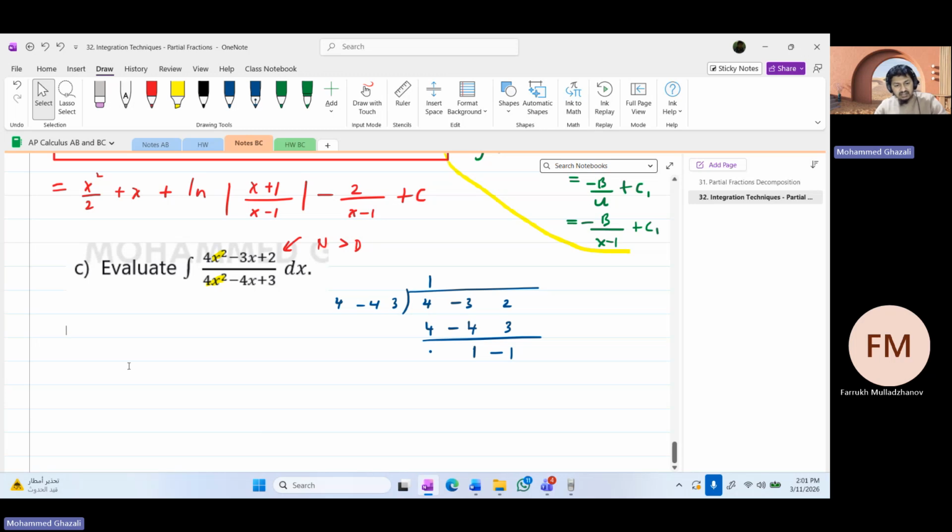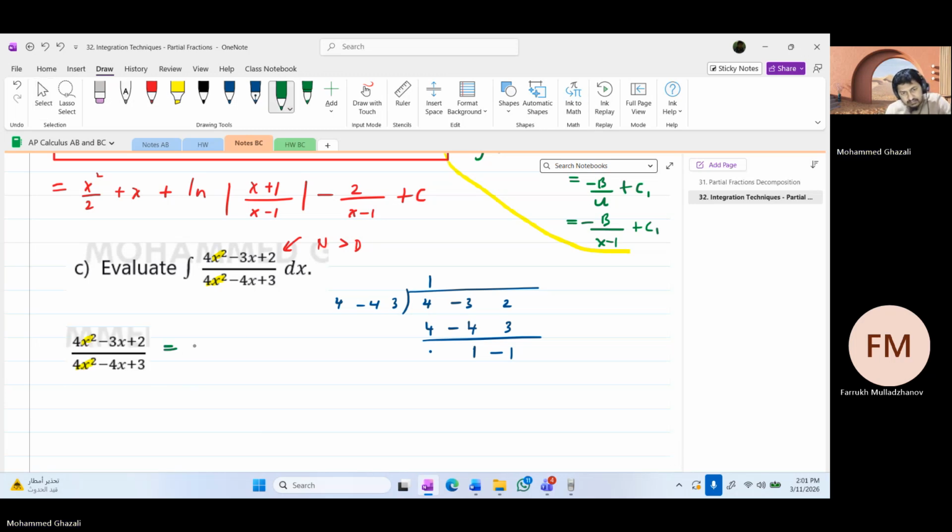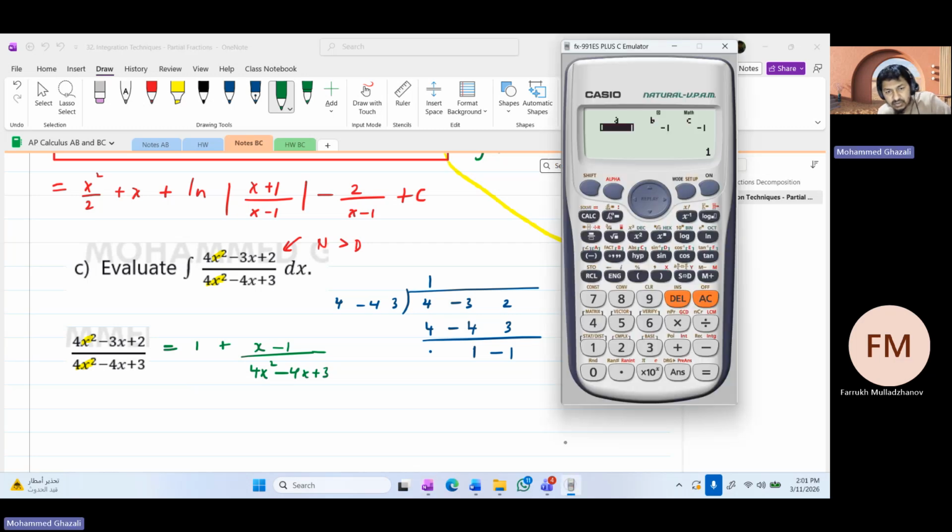So this part is basically equal to 1 plus x minus 1 over the divisor, which is 4x squared minus 4x plus 3. Now we want to check if this is a partial fraction. 4x squared minus 4x plus 3, so 4, -4 and 3.